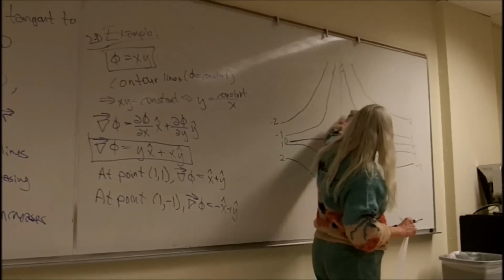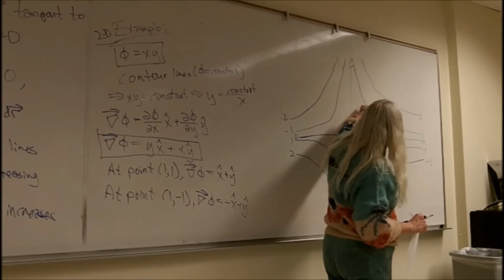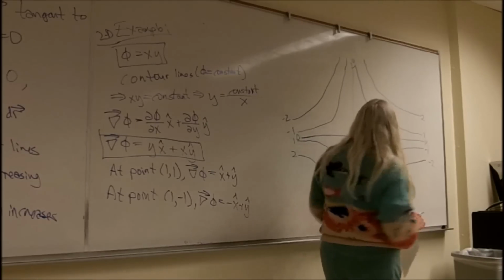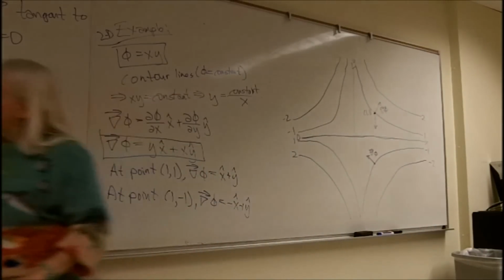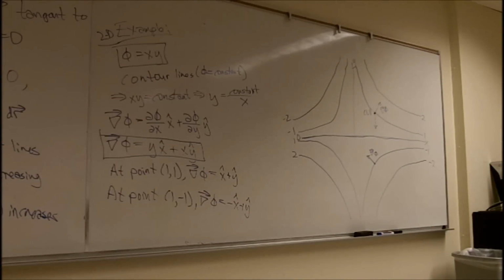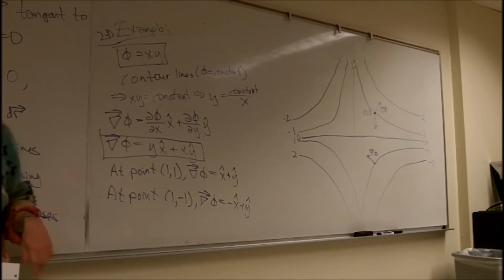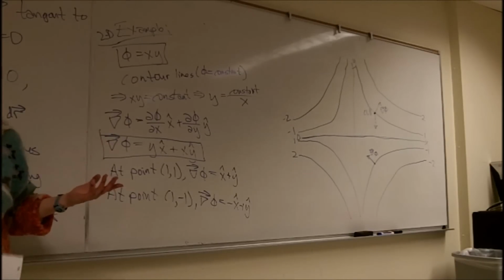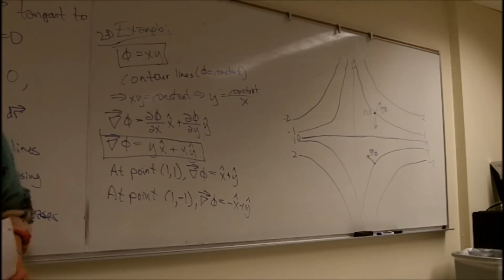Phi equals 1 along this contour line, 0 along the contour line along the x-axis. So phi is definitely decreasing as I move from here to here. That's, again, what the minus sign here tells me. And the 1 tells me that if I move 1 unit in that direction, phi will decrease by 1. Okay? Basically, it tells me how much my scalar field changes if I move in some arbitrary direction.